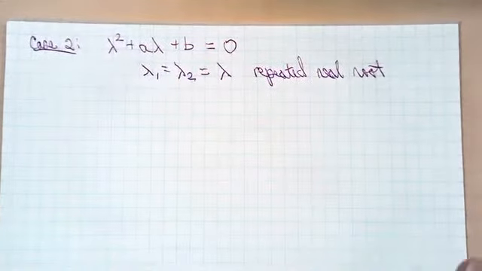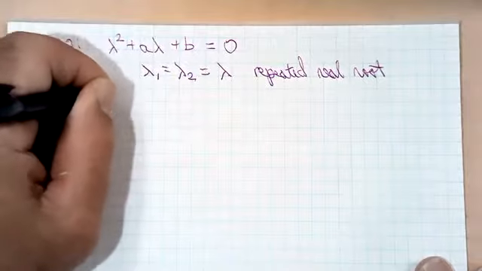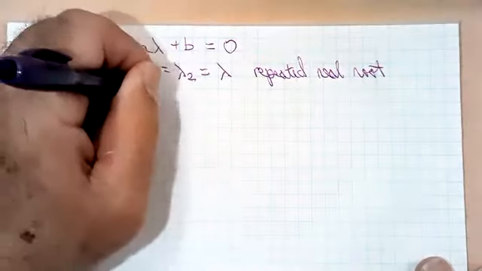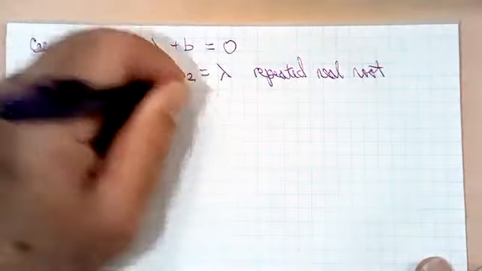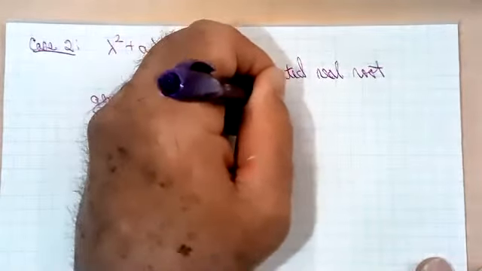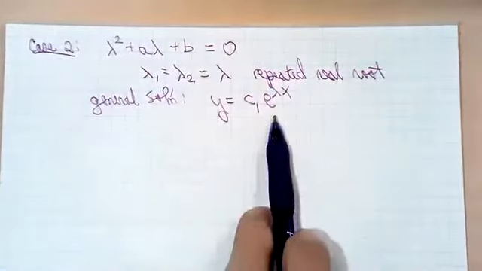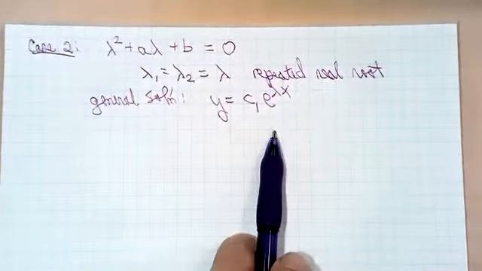Okay, now it turns out that the solution in that case is this: y equals c1 e to the lambda x. This much you would guess, right? Because it worked last time. It seems like it should work this time.